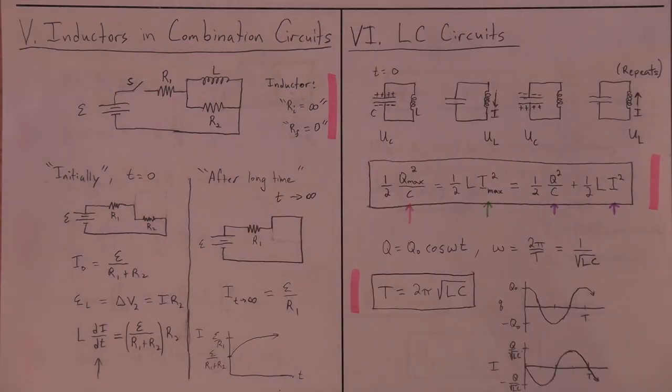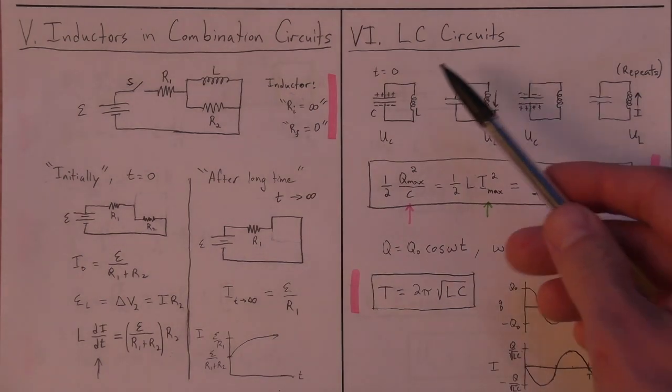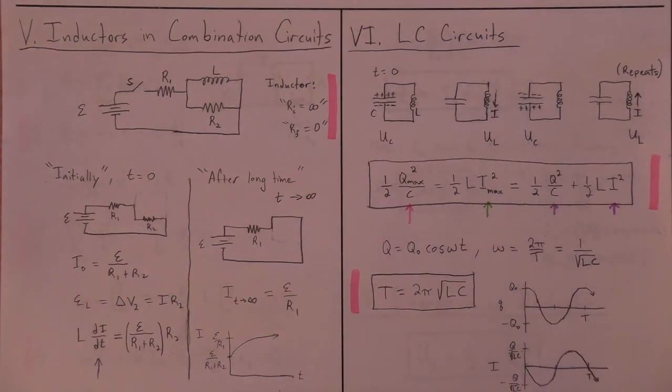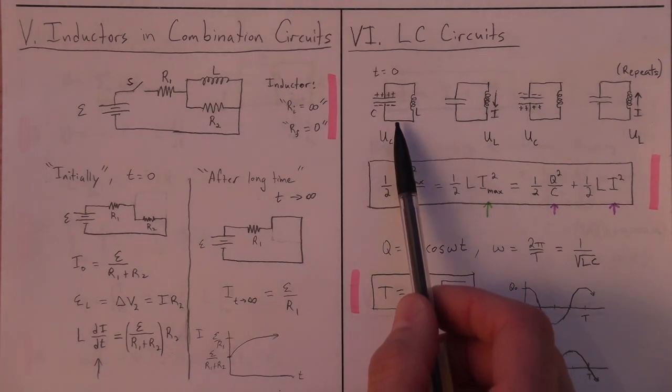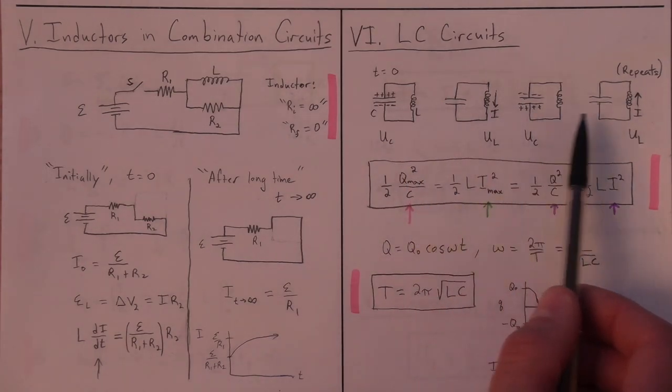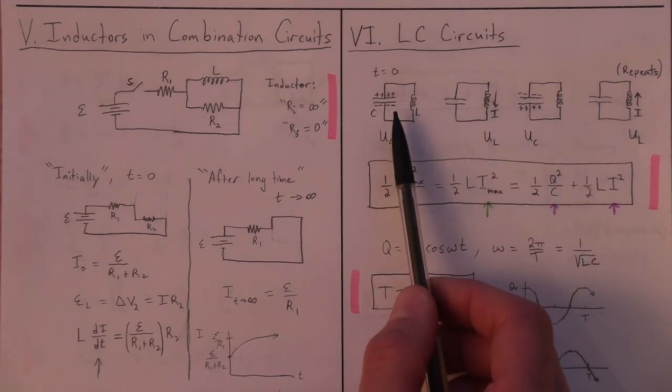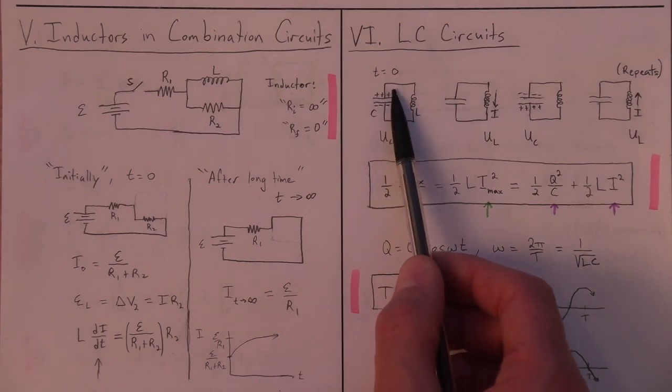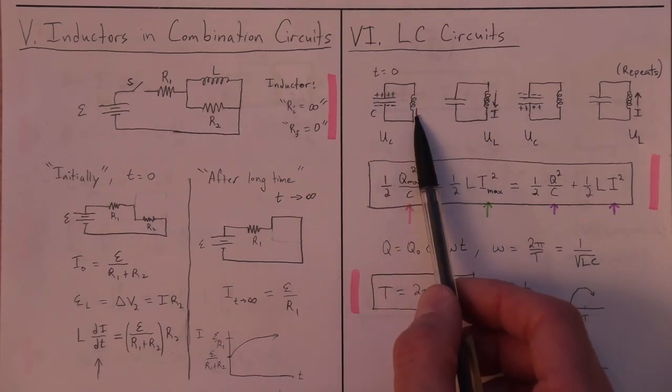Last thing, LC circuits. What I mean is an inductor and a capacitor, no resistance, no battery. So what I've drawn is the state of the circuit in different phases. Let's suppose in the beginning the capacitor is fully charged and there's no current in the inductor.